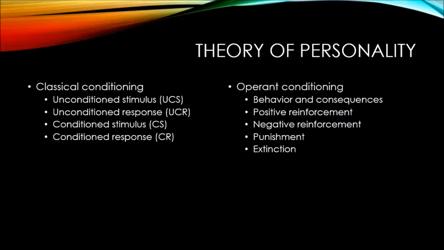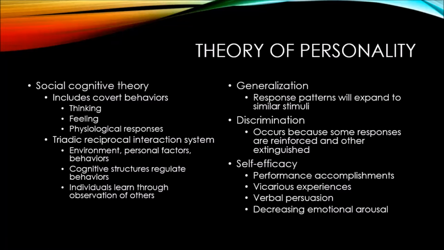So moving on with the theory of personality, we'll take a look at social cognitive theory. Now, social cognitive theory goes a bit further than operant conditioning. It includes what we refer to as covert behaviors. These are behaviors that are hidden, that are difficult to observe, like thinking, feeling, or physiological responses.